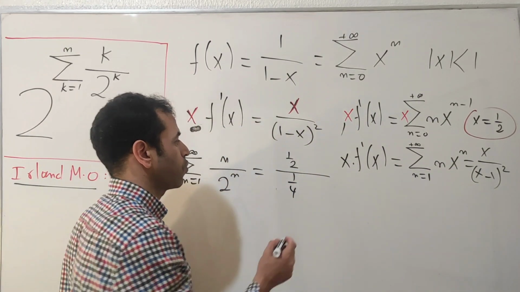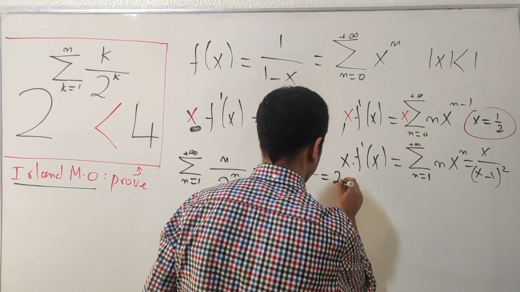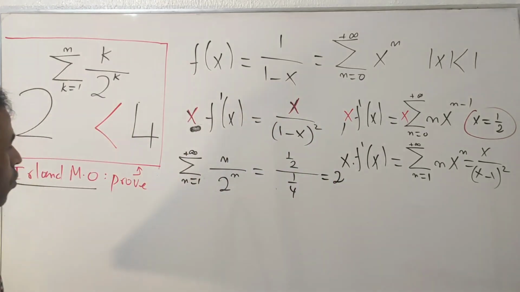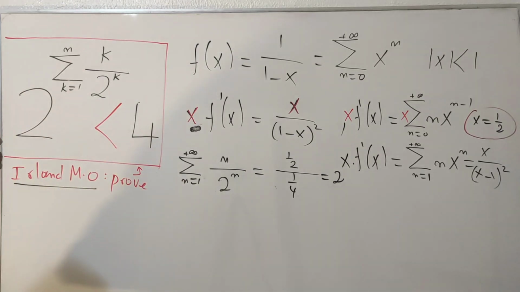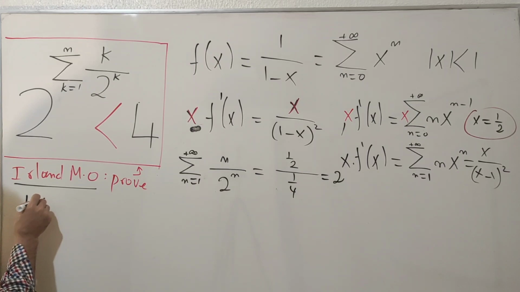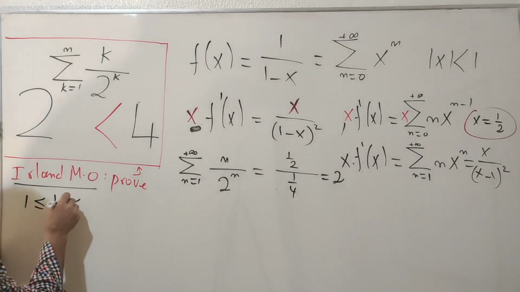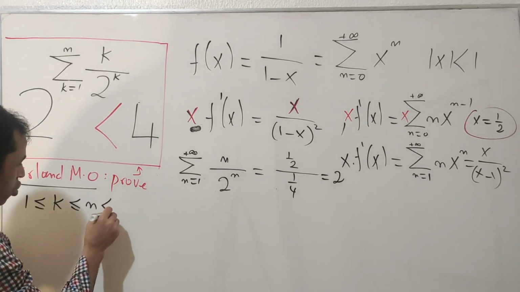Half over 1 over 4 is clearly going to give us number 2. So now let's link this one to this one. If you take a look carefully, we know number 1 is less than or equal to k, which is less than or equal to n, and n is strictly inferior to infinity.